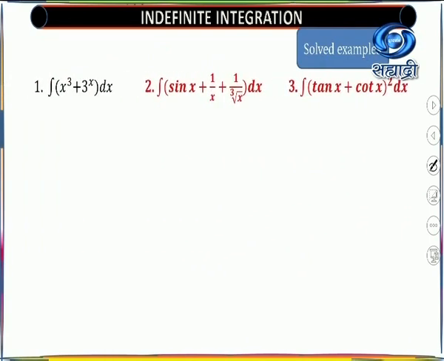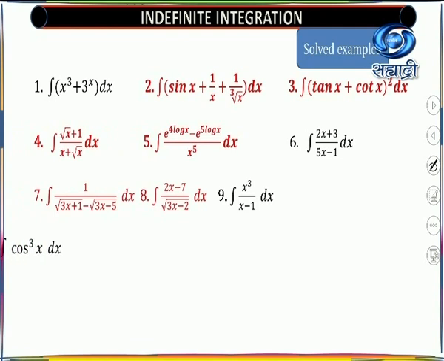Now we'll start with some examples which are in the text. Look here. In this example, x cube plus 3 raised to x, this is a straightforward example in exponential form. Here you have the a raised to x formula, and here you have the x raised to n formula.